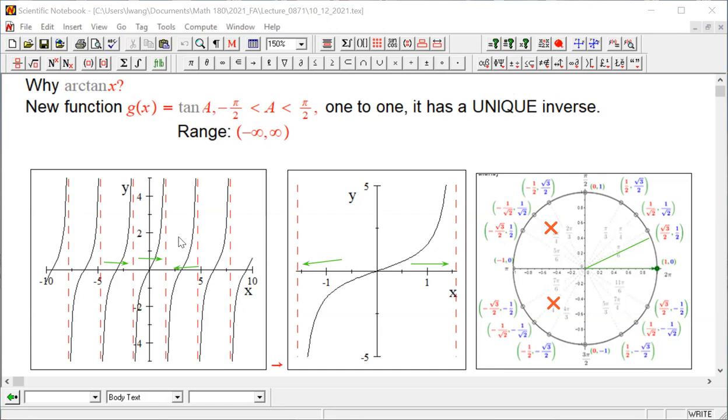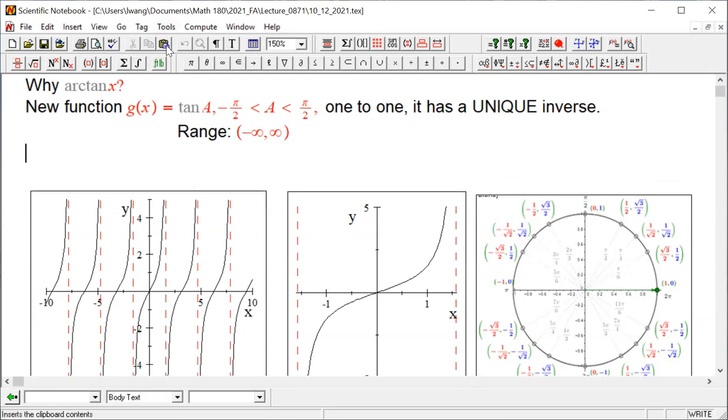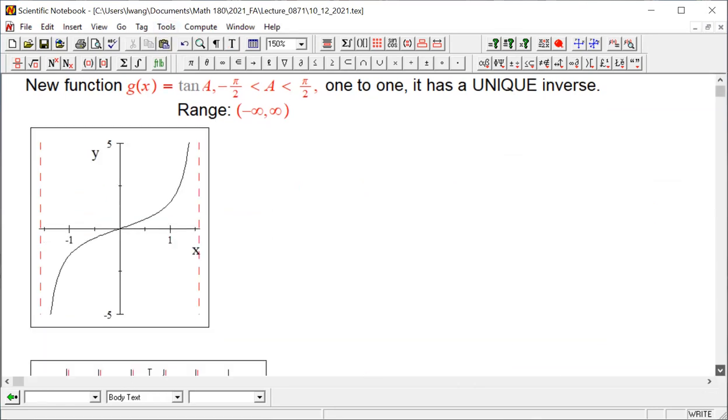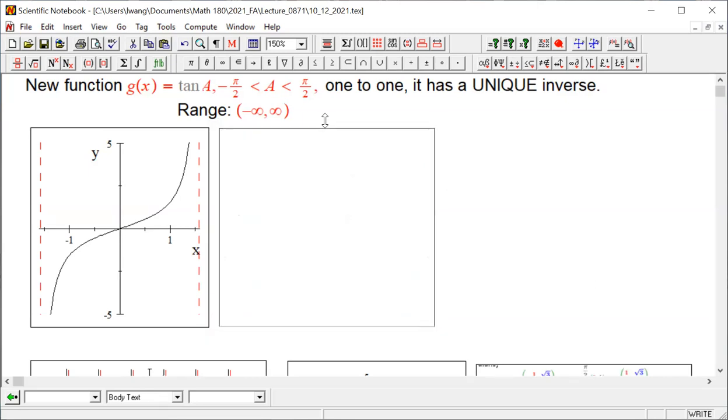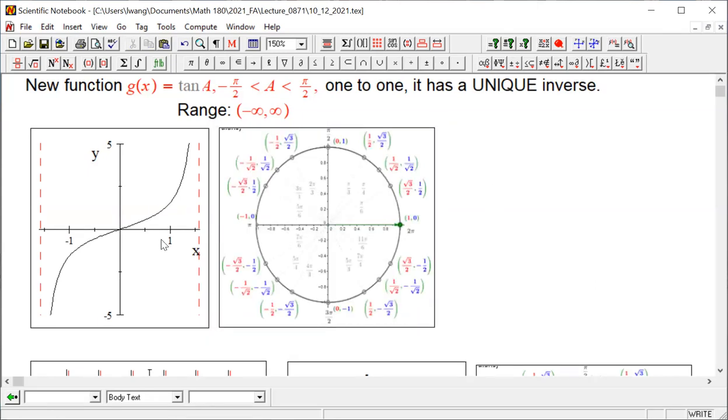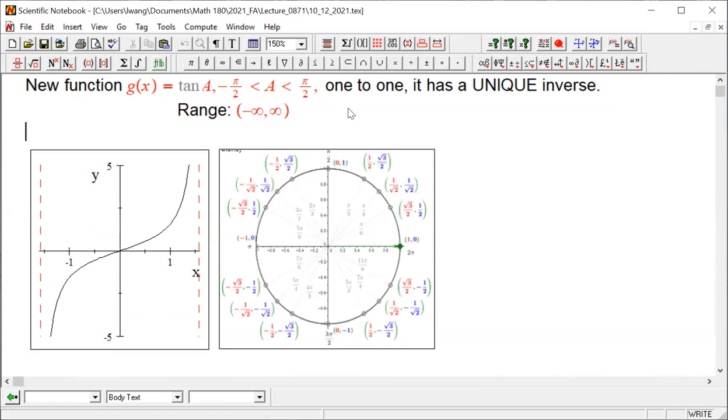Now, I'm going to put this function on top, and I'm going to put my unit circle with me. So we have recognized a no flight zone. Now we know this function has a domain and range. And what will happen to the inverse?